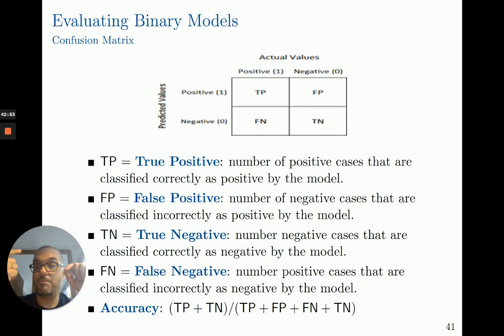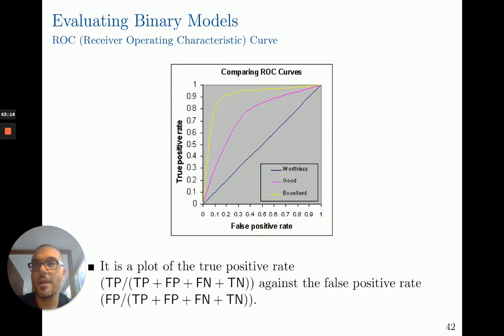Okay? If it's a poor model that only makes mistakes, TP and TN will be equal to 0, so accuracy will be 0. So you have something between 0 and 1, okay? The closer it is to 1, the better the model. So that's called the confusion matrix.